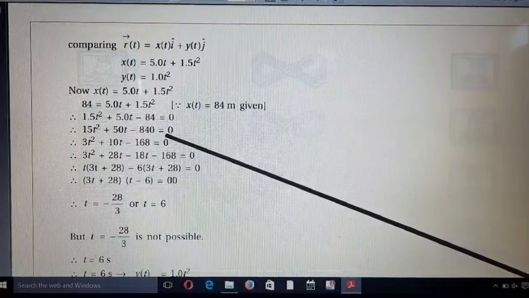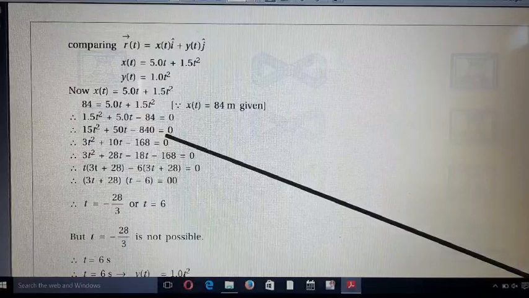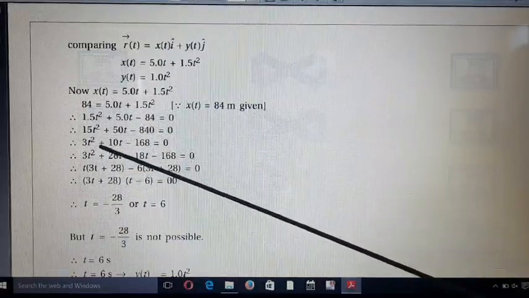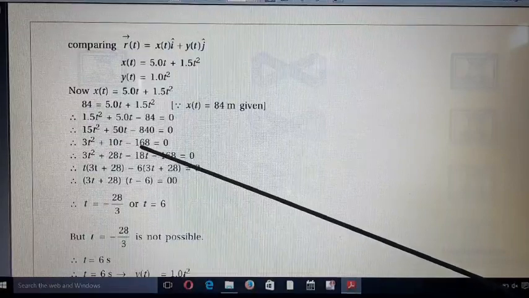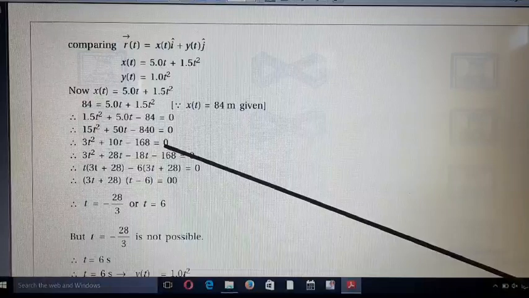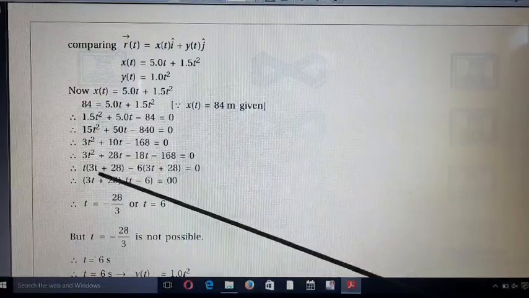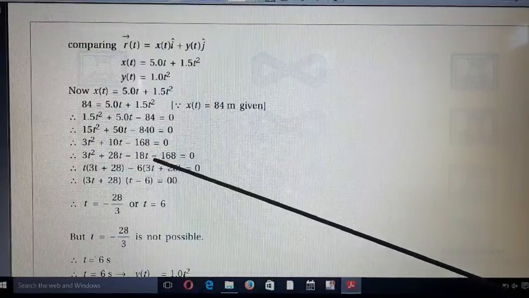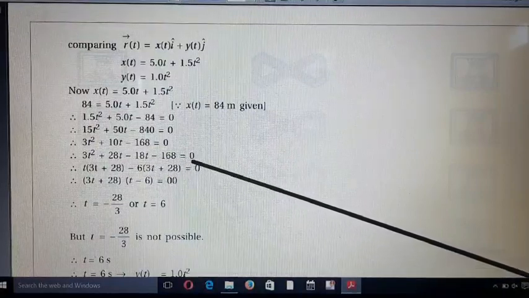And now we take 5 common. So we get 3t square plus 10t minus 168 is equal to 0. Okay, now we take factor. So 3t square plus 28t minus 18t minus 168 is equal to 0.